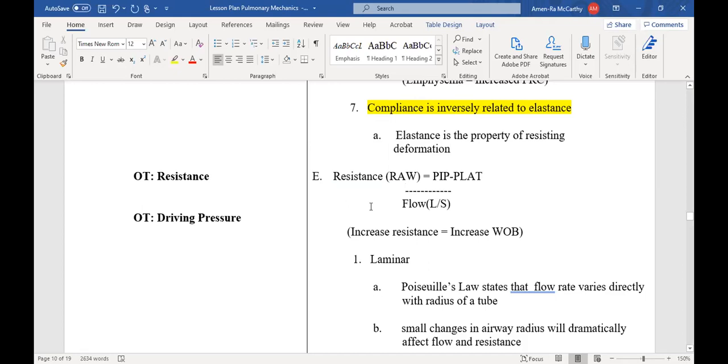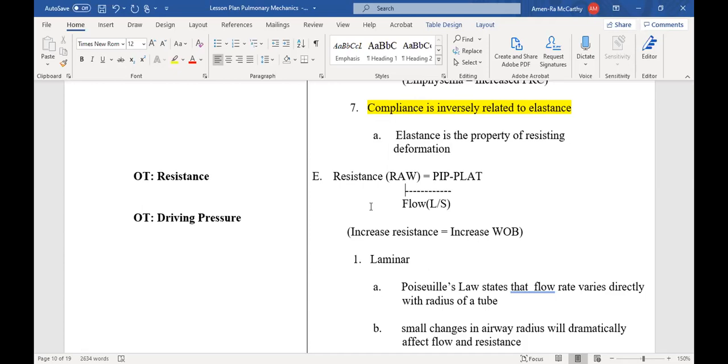All right. If I remember this, if I have an increase in resistance, I'm going to have an increase in my work of breathing. Okay. If the resistance starts getting high inside my lungs, it's going to be harder for me to breathe. Okay. It's like breathing through a regular straw, and then I give you a coffee straw. All right. The resistance inside the coffee straw is much greater than it is in a regular straw. And so how hard is it going to be for me to breathe in a coffee straw?